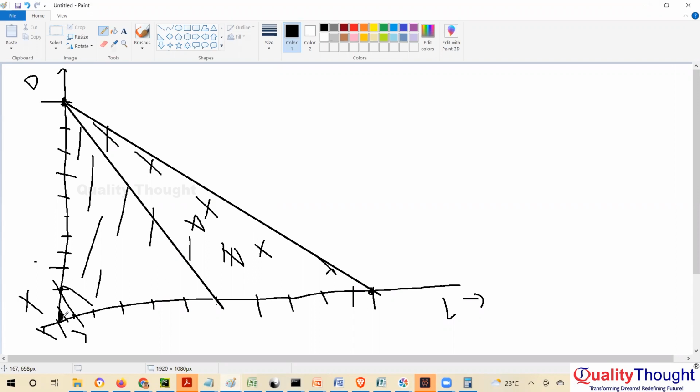Okay. Now, if this is your possible solution, how much is the maximum profit? So you calculate profit at these points. Here, of course, profit will be 0, right? You're not producing anything. So you'll calculate the profit here and calculate the profit here.